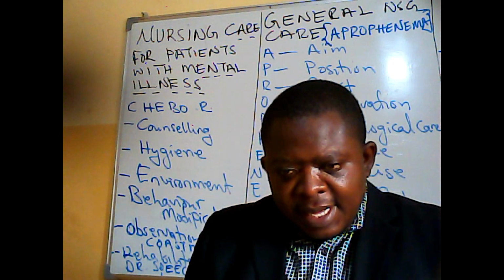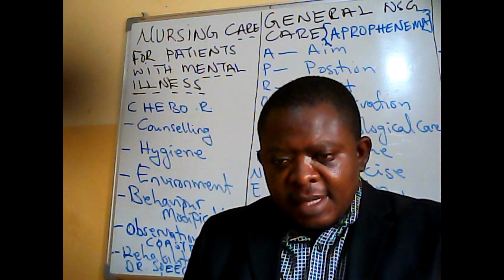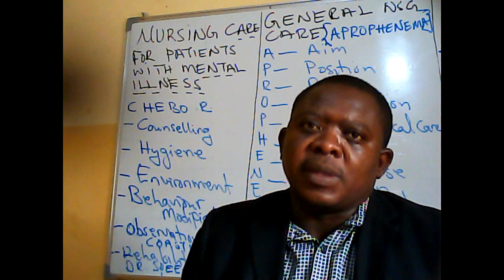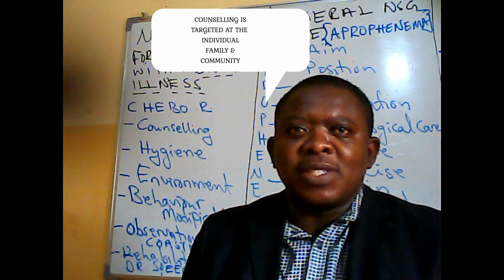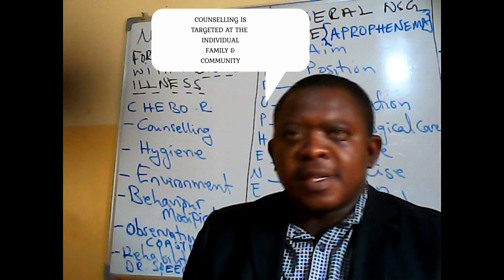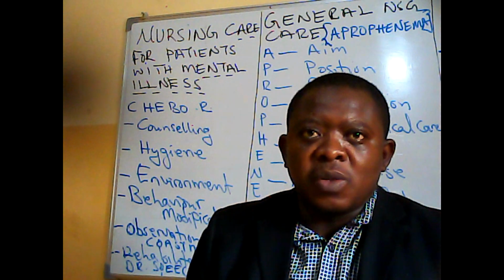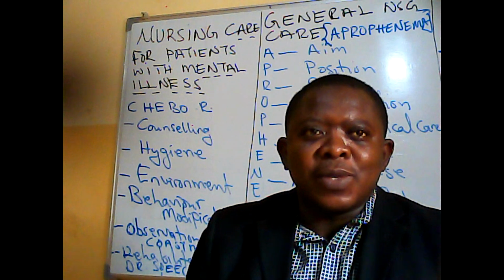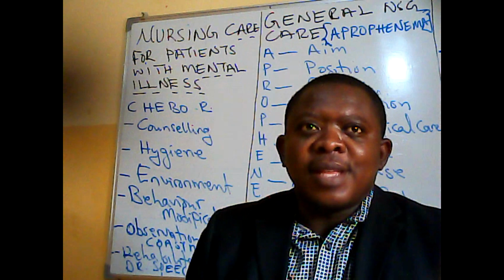The family, and the individual himself, also need to be counseled on their behavior and the impact that it has on the environment. The community also needs to be counseled. So I'm looking at individual, family, and community being counseled or educated so that they understand the condition that certain people may have. Remember, mostly mental health cases are not nursed in the hospital, they are nursed at home.